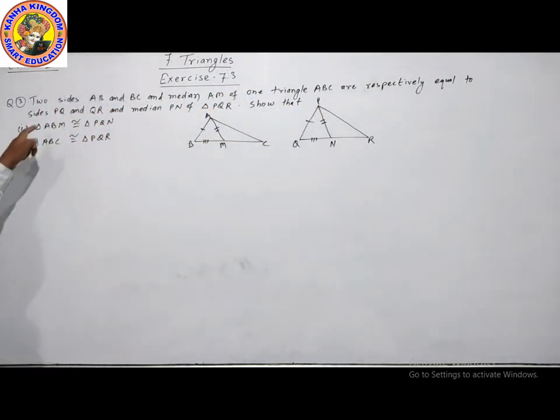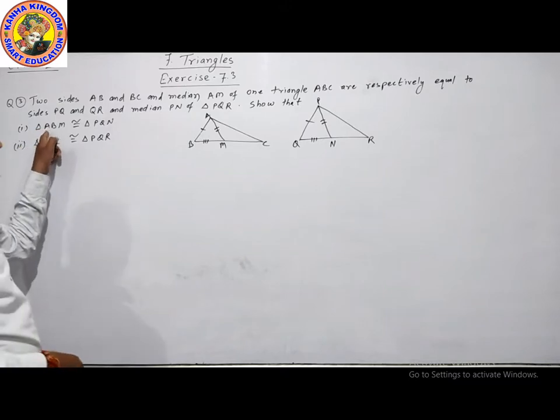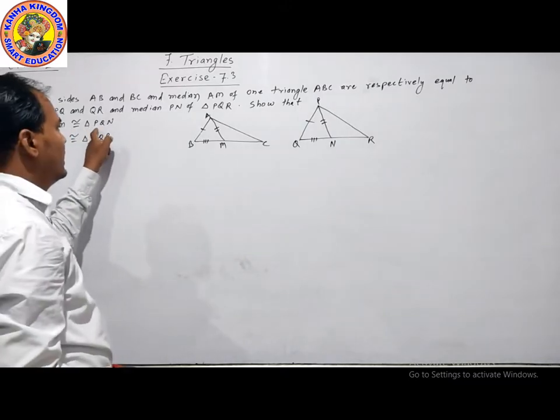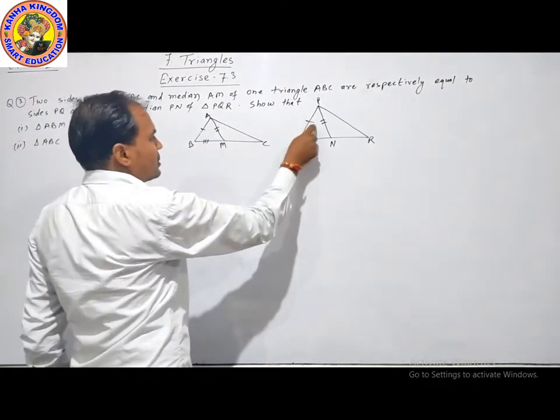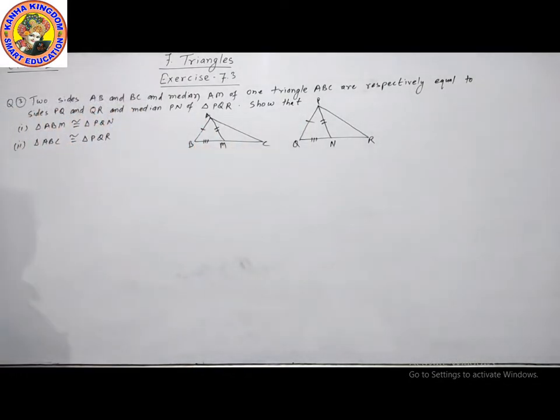So the first is triangle ABM and triangle PQN. ABM and this one are congruent.